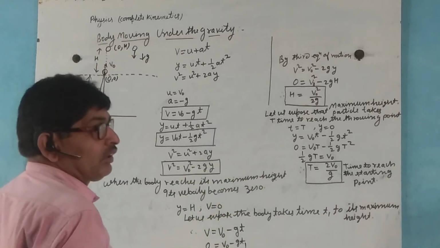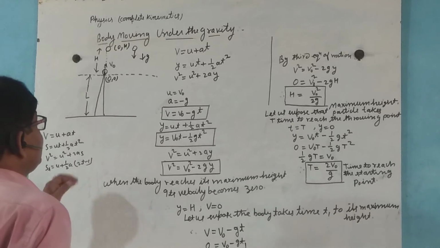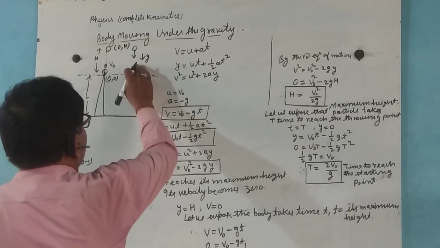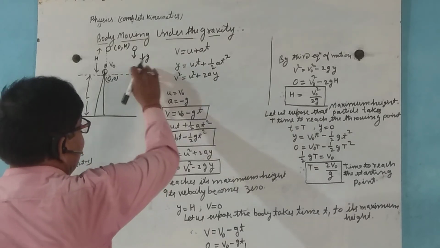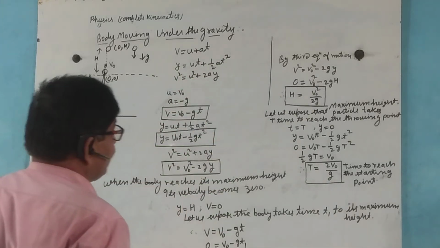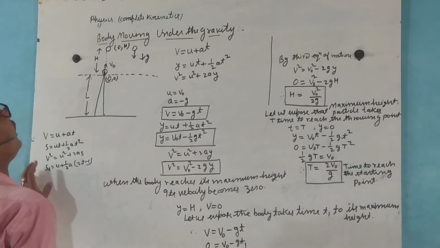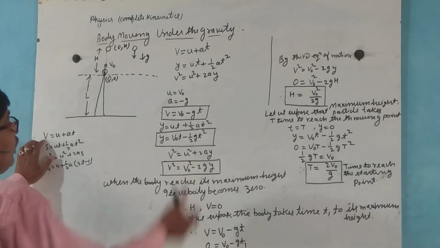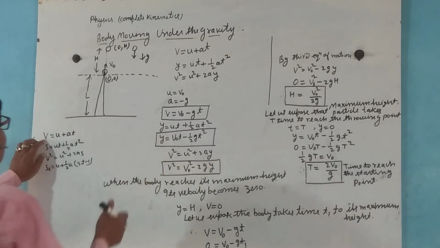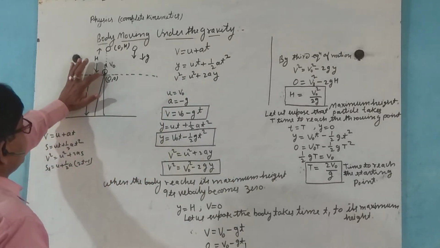As you know, in this case the force of gravity acts here, and this is G in the downward direction and minus G in the upward direction.